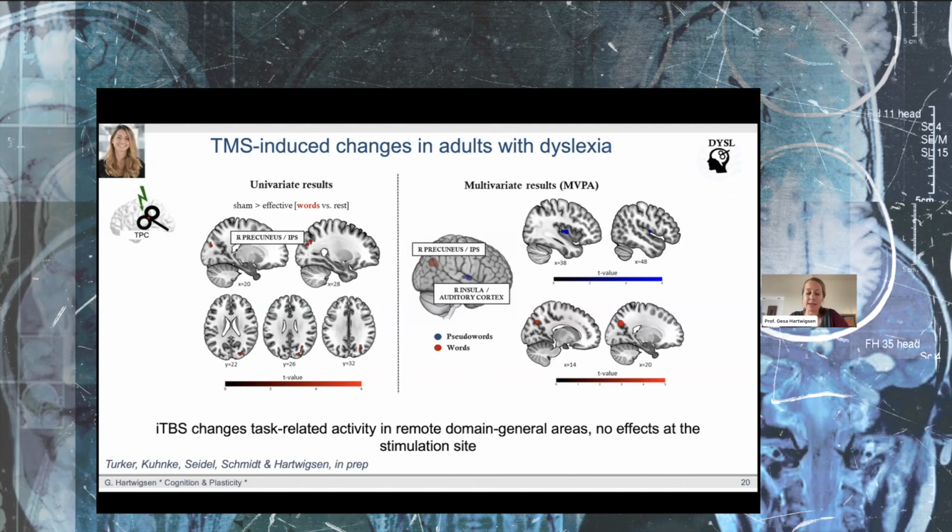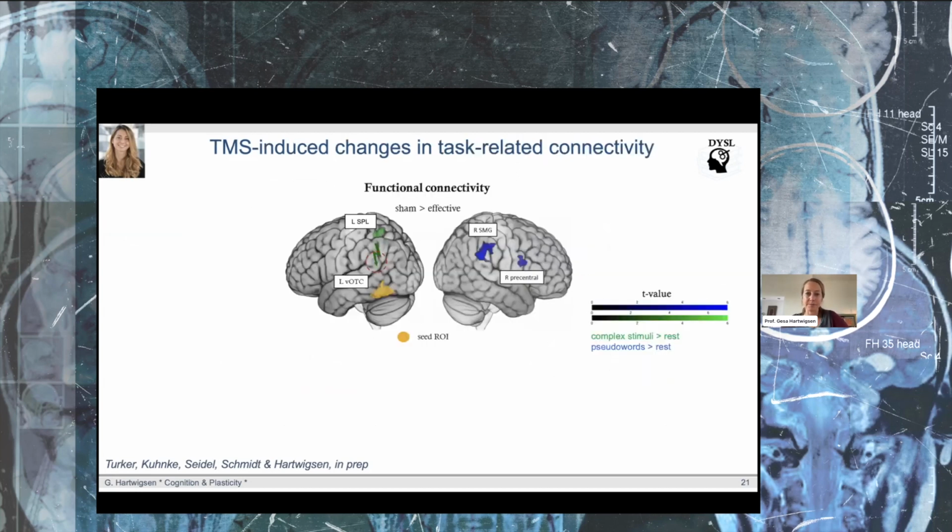So it seems that facilitatory TMS can change task-related activity in remote domain general areas, but no effects directly under the coil. We were very surprised to see that, but it's not uncommon. Not all TMS studies find something directly under the coil.